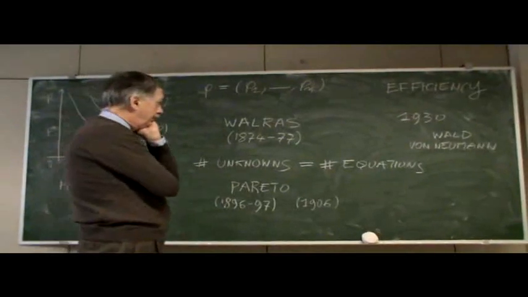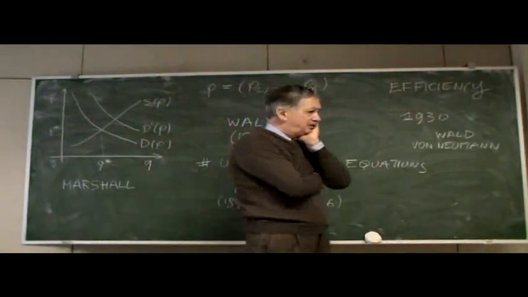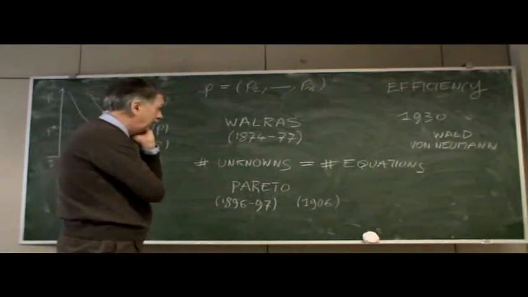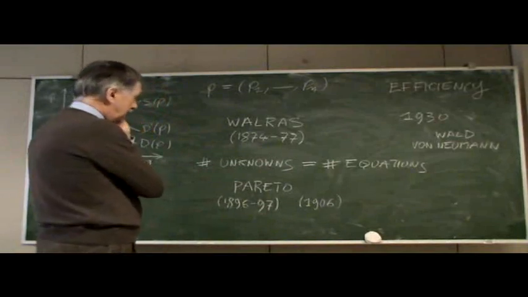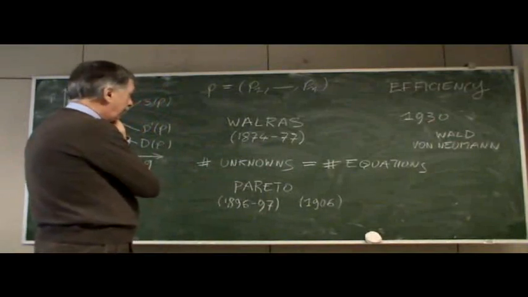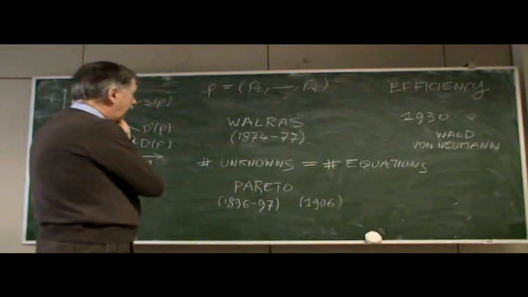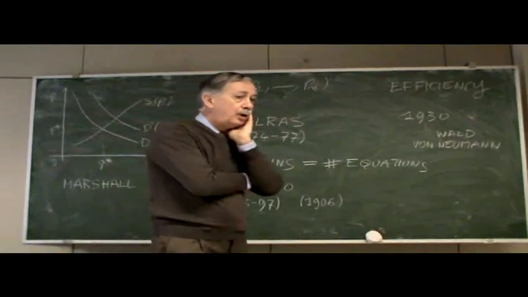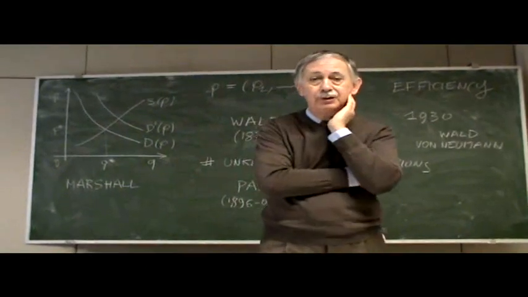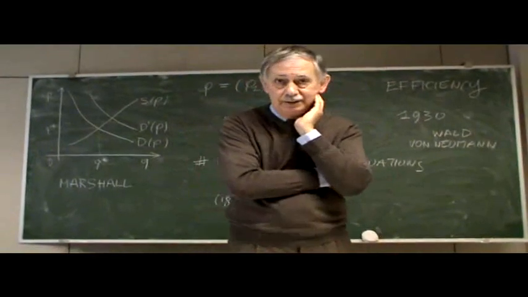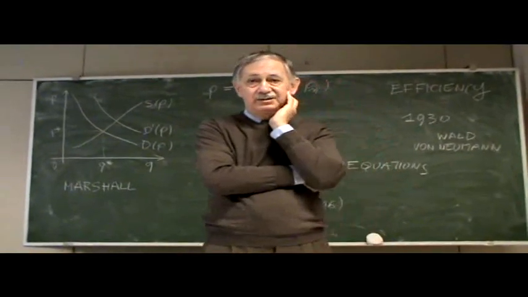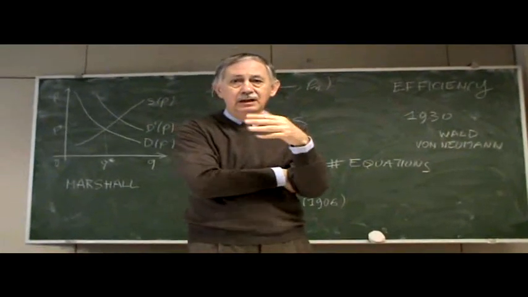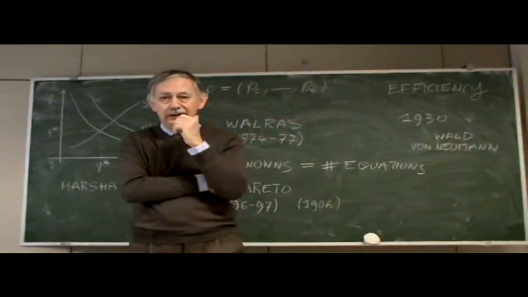The contribution of Wald and von Neumann is important because for the first time they considered the so-called free disposal equilibrium, an equilibrium in which not all the available quantities of goods are employed by the subjects as consumption goods or as factors of production, but some quantities are simply destroyed.